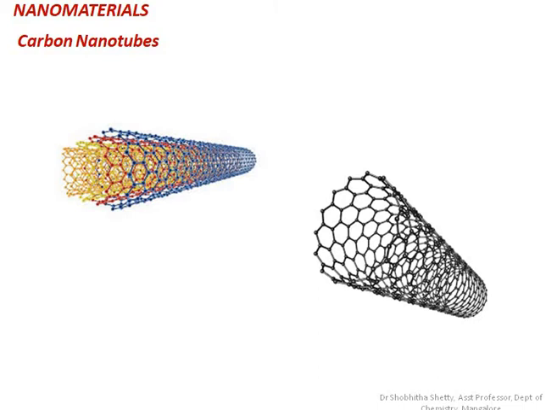These carbon nanotubes are mainly categorized as single-walled carbon nanotubes and multi-walled carbon nanotubes. Single-walled nanotubes are abbreviated as SWNTs. You can see this is a representation of single-walled carbon nanotubes, and here is the multi-walled carbon nanotubes, layered.